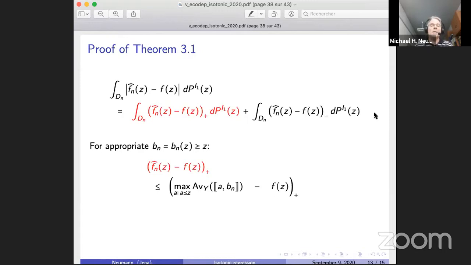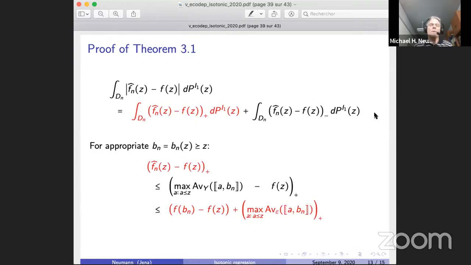Then, because of this min-max construction, we get an upper estimate by just replacing the minimum by some fixed point Bn. So next part of the slide.